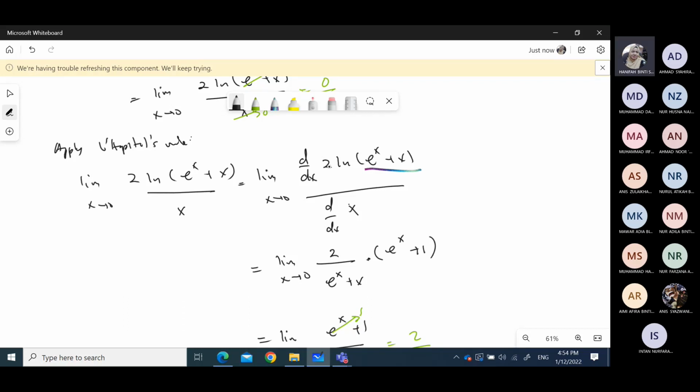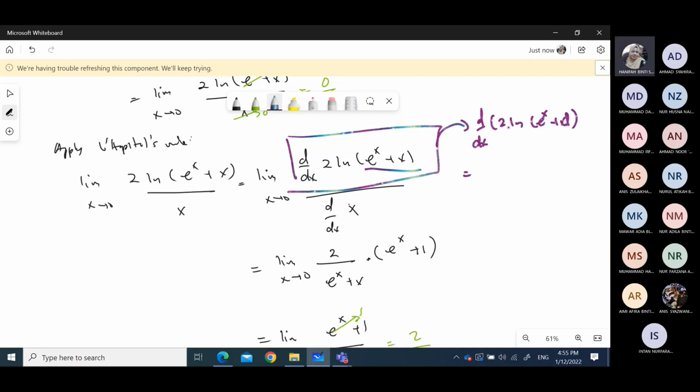Okay, now you differentiate this one. We differentiate it and get natural log of e^x plus x.